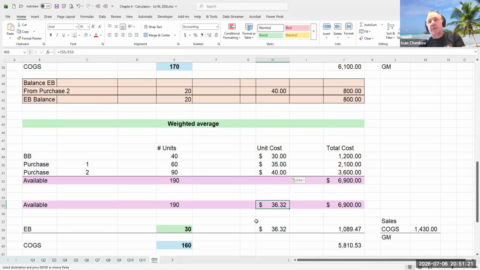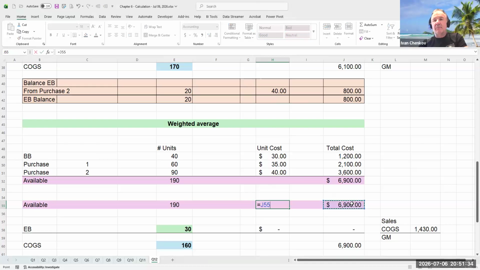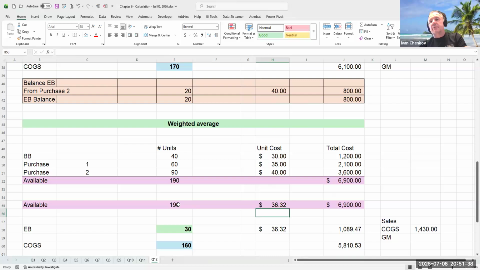Now the question is, what's the weighted average cost per unit? This one divided by 190, 36.32.